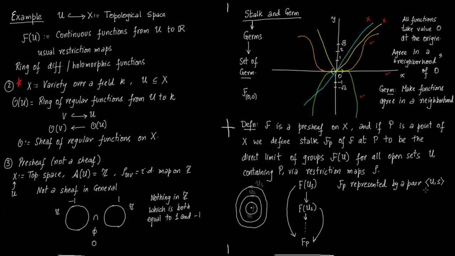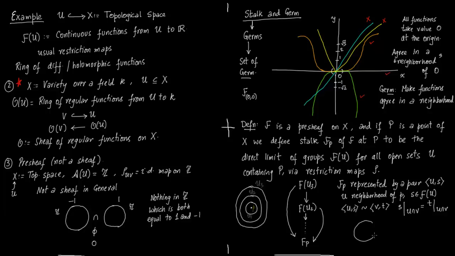Now s is a section of the abelian group F(U), or the ring F(U), and U is the neighborhood of the point P. Two pairs (V, t) and (U, s) are the same if they agree on the intersection.